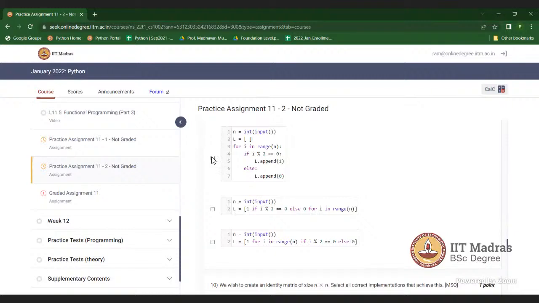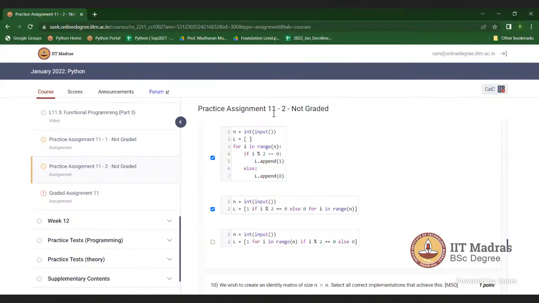My problem is that I am not able to understand the if block in a single sentence. In this case it is written 1 if i mod 2 is equal to 0, but in other questions I found that the if statement comes at the back also. So how can I identify this?